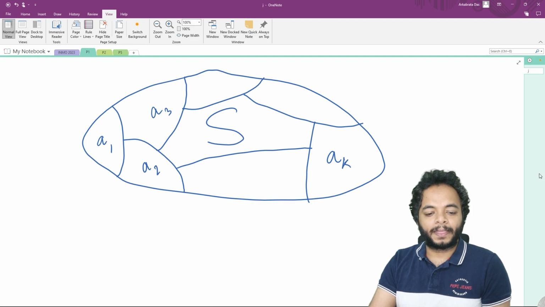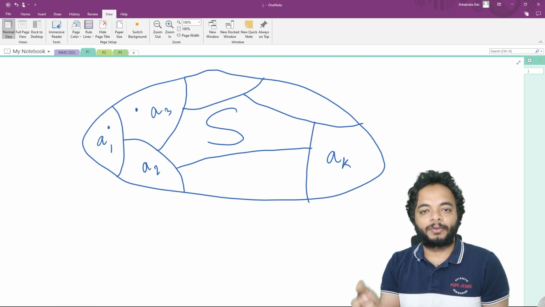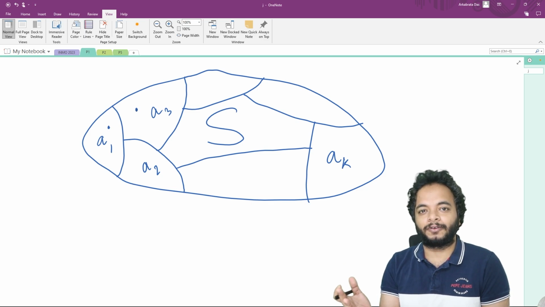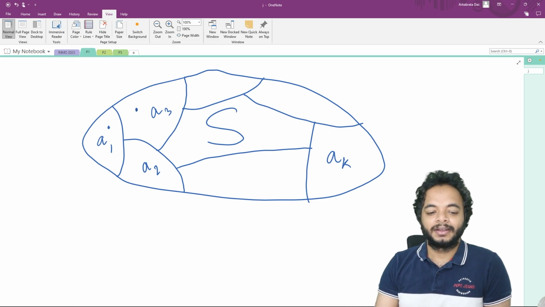Now one more thing is that if I pick an element from one equivalence class and another element from another equivalence class, the product won't be a perfect square, because they are not related. If the product were a perfect square, then they would be related, and they would have been in the same equivalence class.